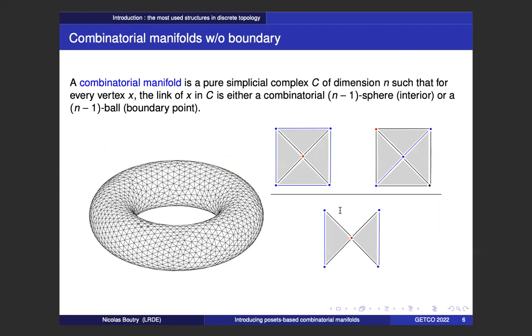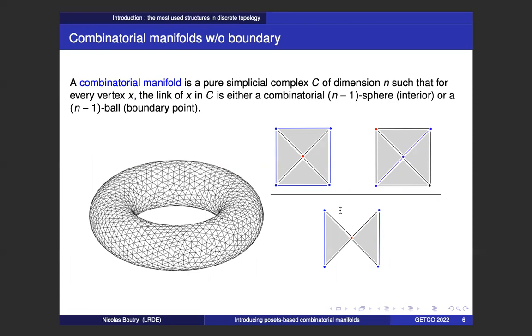We also have combinatorial structures like combinatorial manifolds. The concept is theoretically the same, but it is more complex to explain in some way, but let's try.